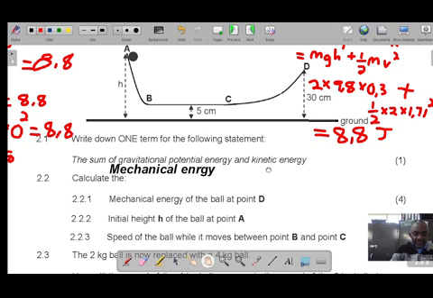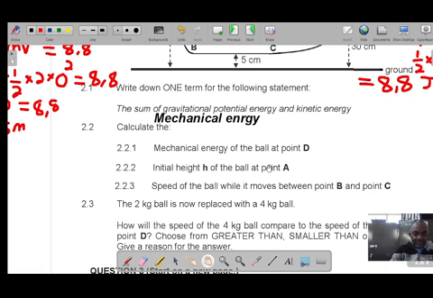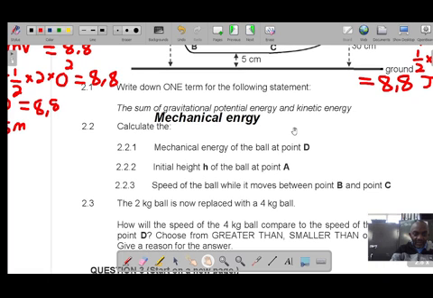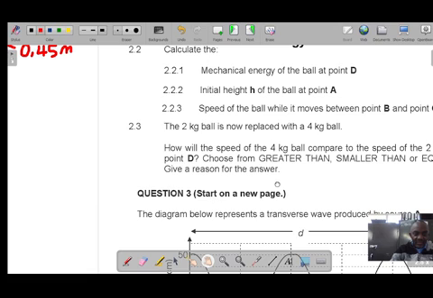Are we together? Let's check it out together.